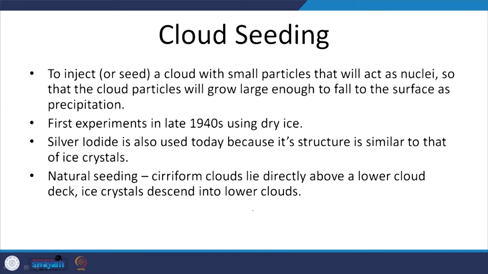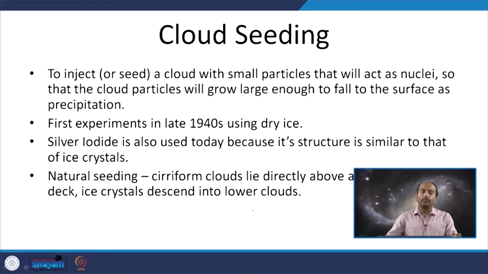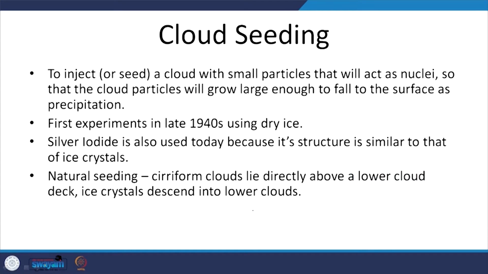It is evident by now that a cloud is a collection of tiny droplets of water. These droplets are typically a few micrometers in size, and as long as the cloud is stable, it will not lead to precipitation.